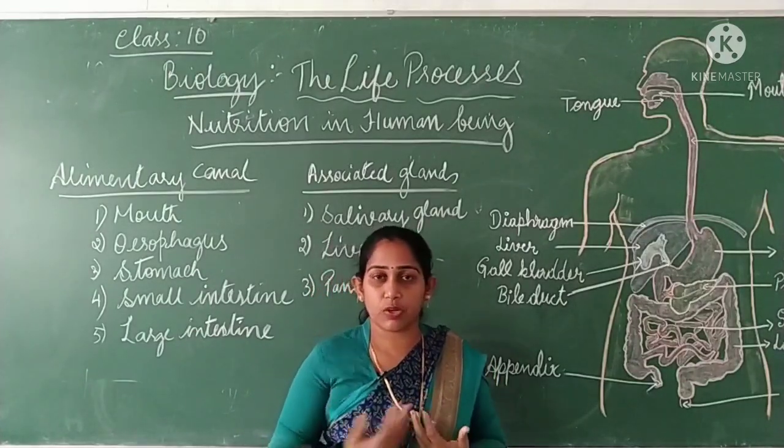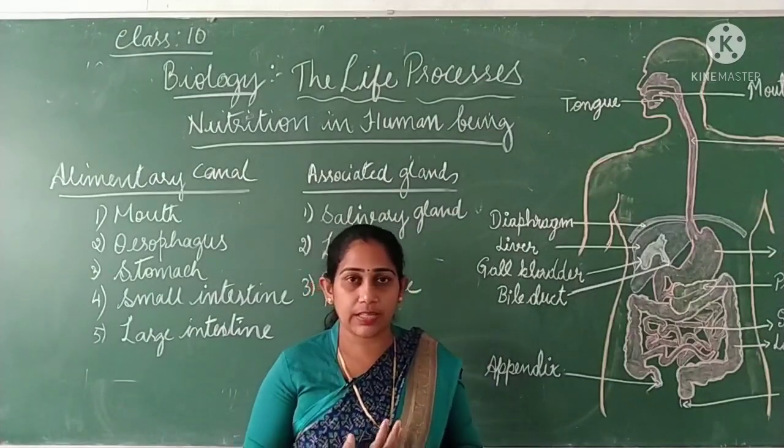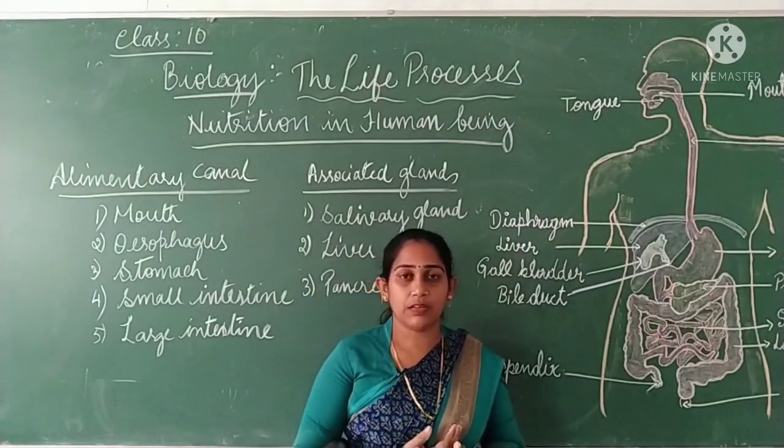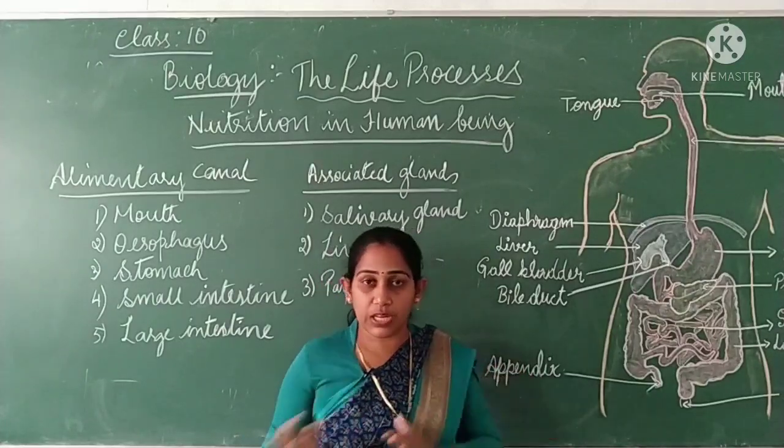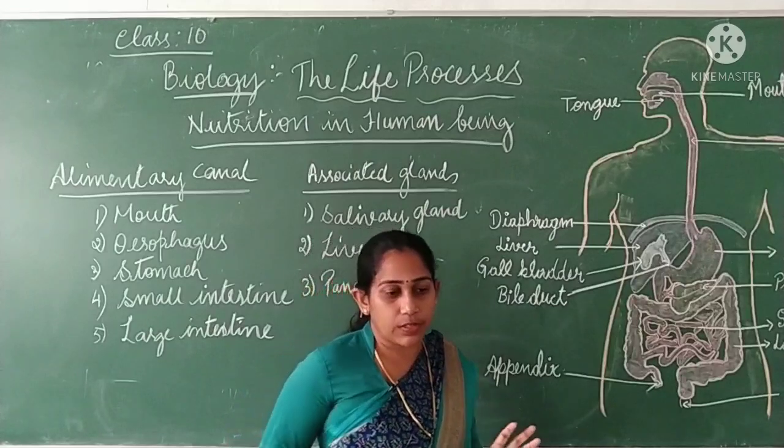So you know the different components of the food, right? They are the simplest forms of the food. The complex form of food has to be broken down into that simpler form. So which are the different components of the food?